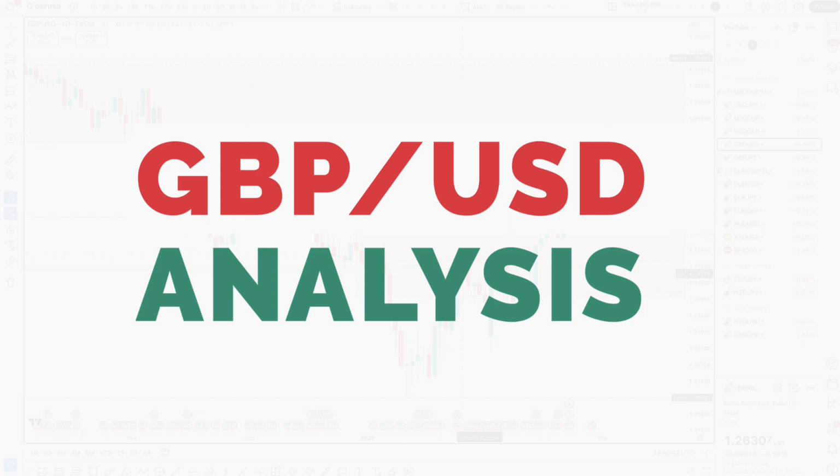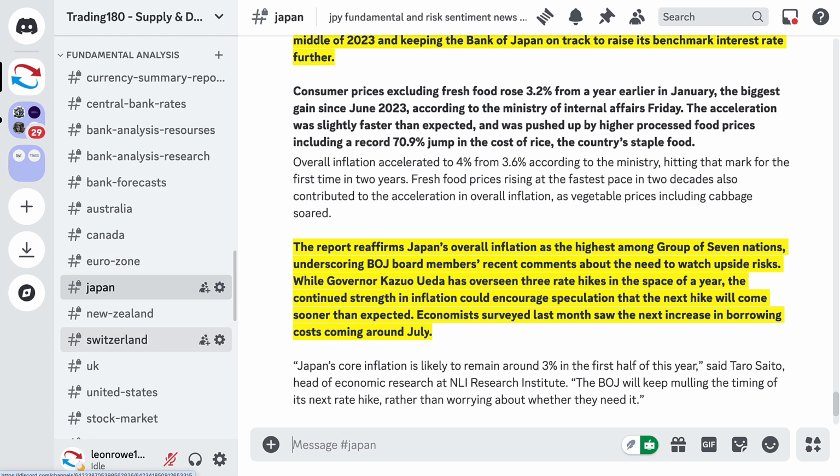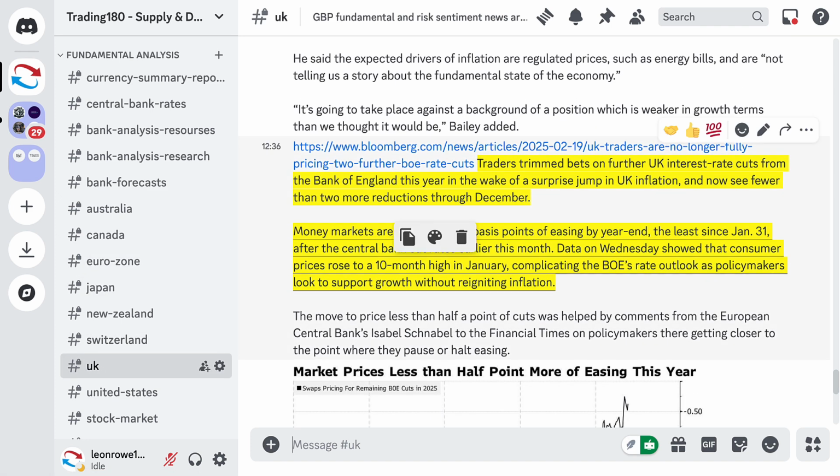Pound dollar. So the pound has actually had some decent news this week. If we go to the UK channel, it says here, traders trim bets on further UK interest rate cuts from the Bank of England this year in the wake of a surprise jump in UK inflation, and now see fewer than 2 more reductions through December.